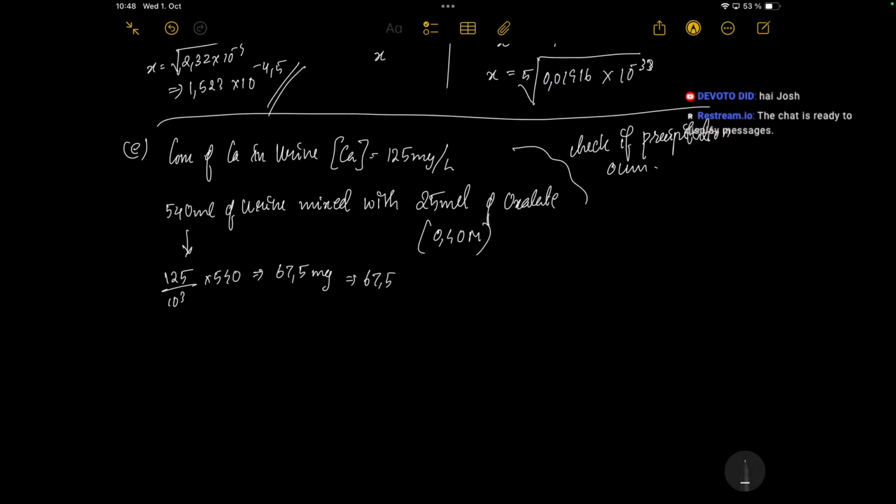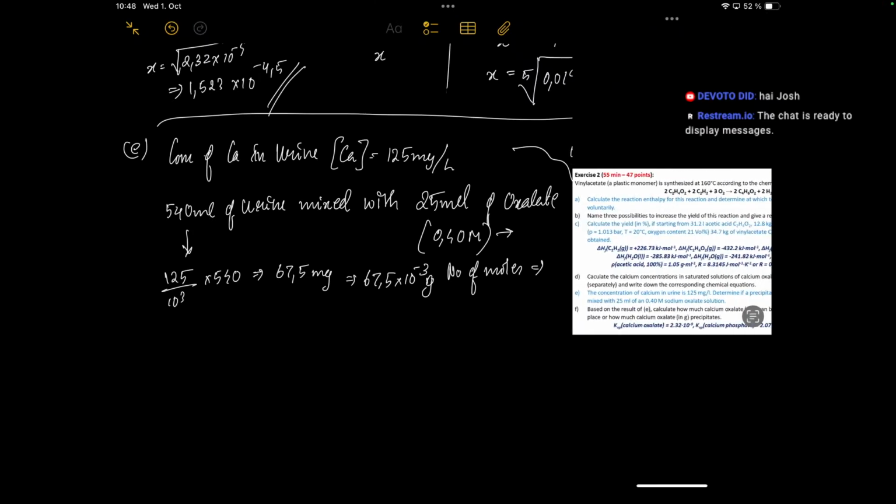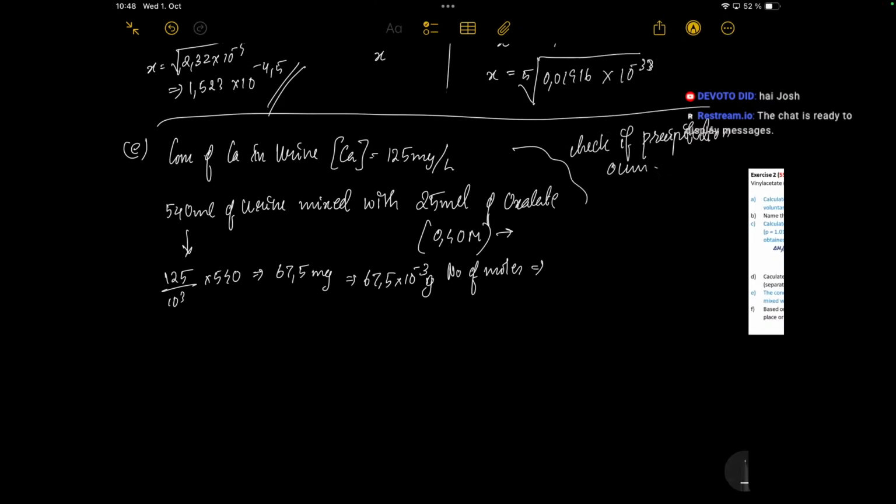So now, given mass divided by molar mass, right?